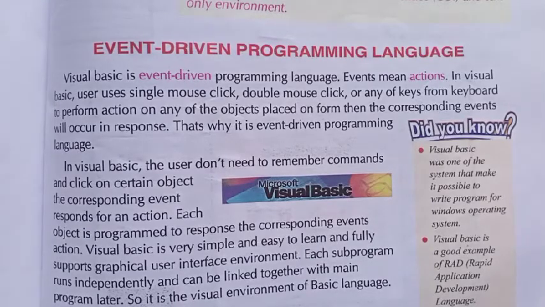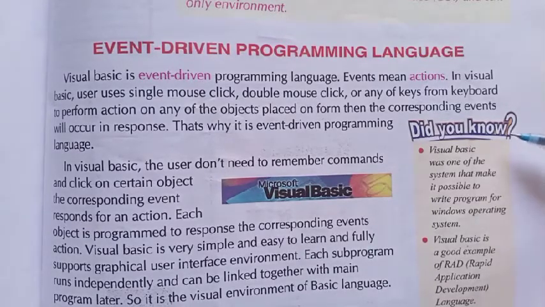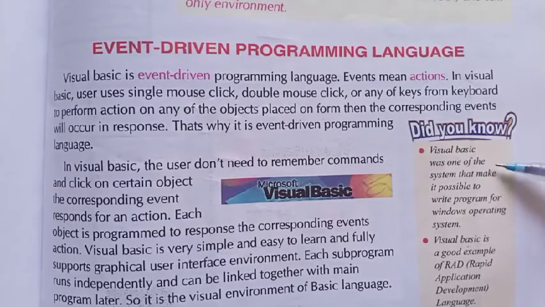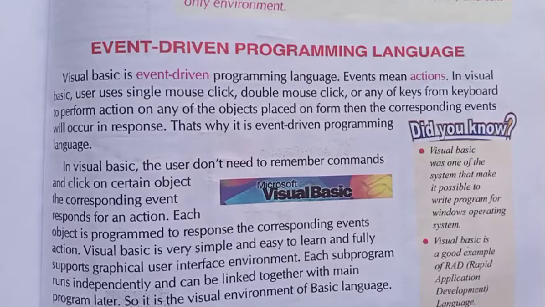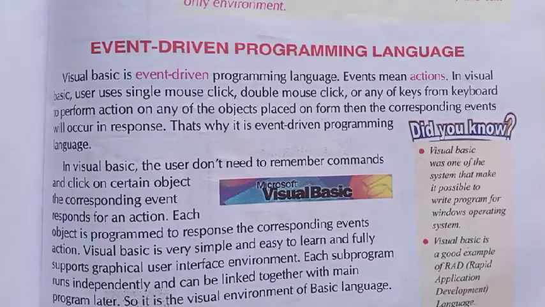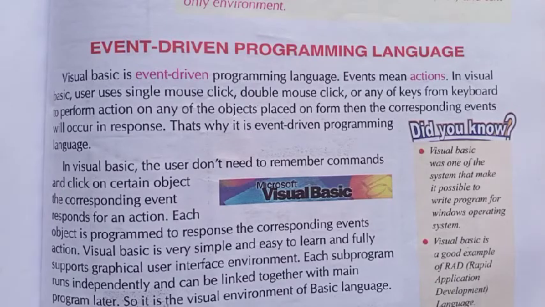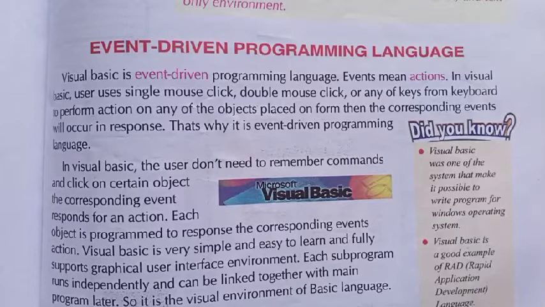So some facts about the Visual Basic. Visual Basic was one of the systems that made it possible to write programs for the Windows operating system. It was the Visual Basic only because of which programming for the Windows operating system was possible, because we know the Windows operating system is a graphical user interface.